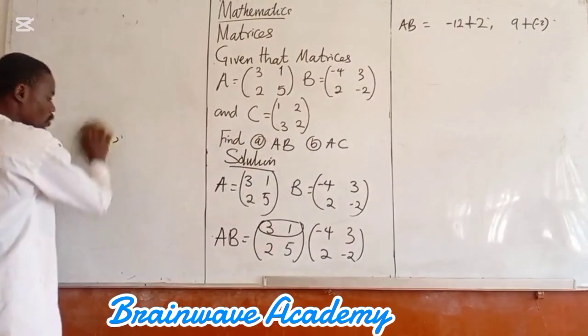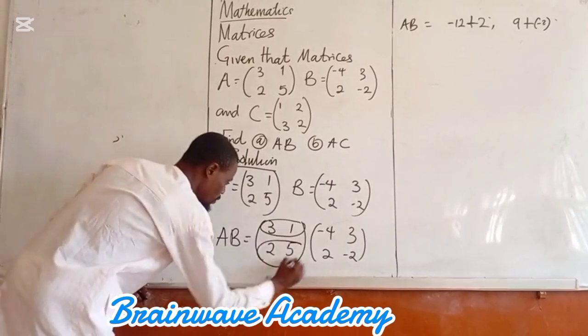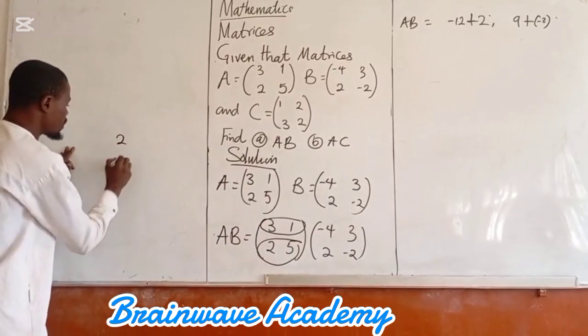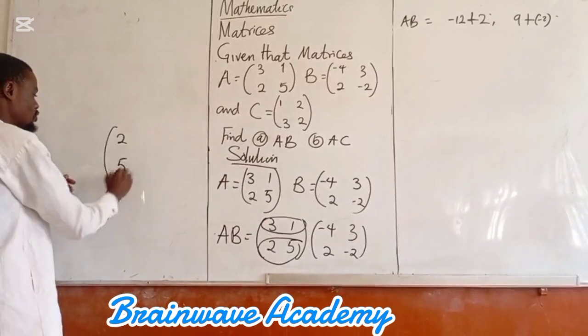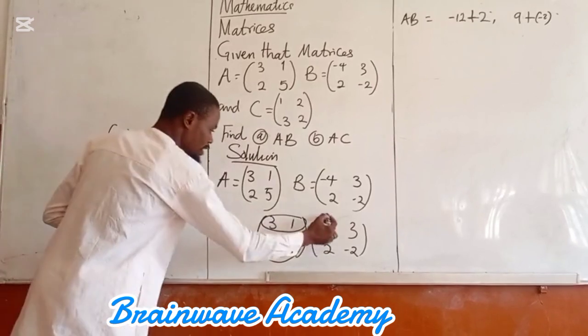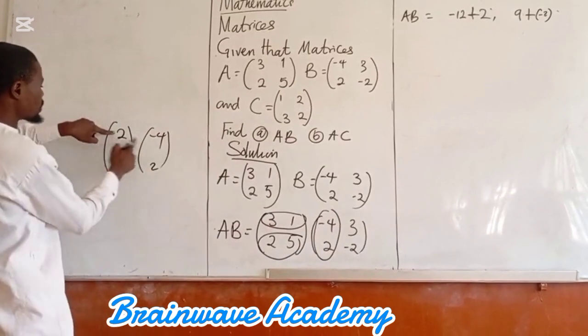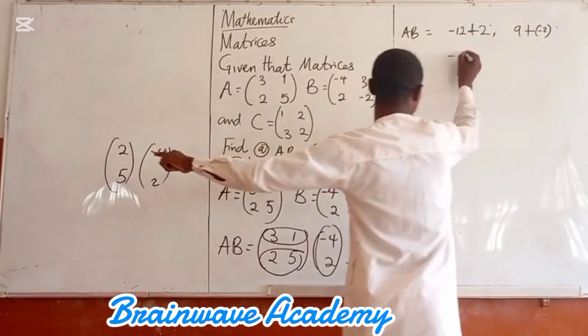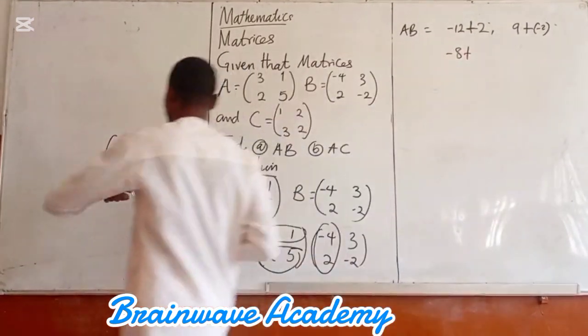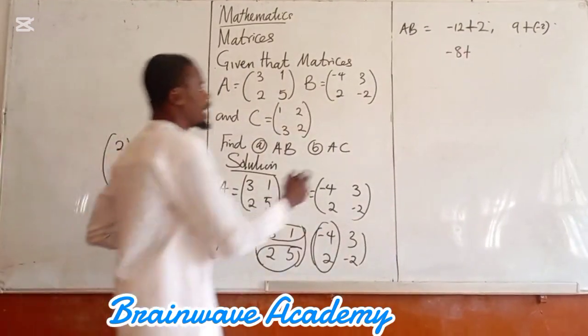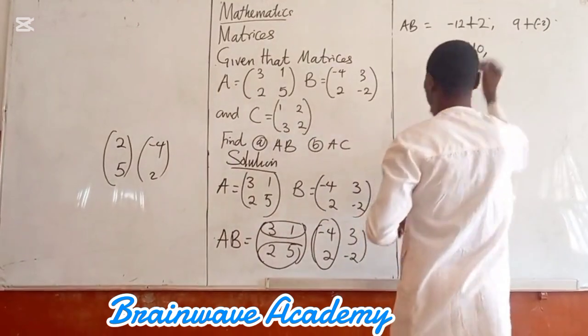Then the second row is 2 and 5. I'll multiply it with the first column, which is -4 and 2. 2 times -4 is -8, plus 5 times 2 is 10. I'm done with this.